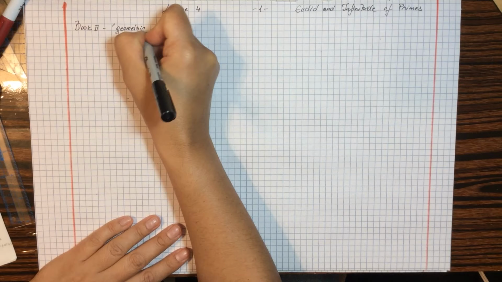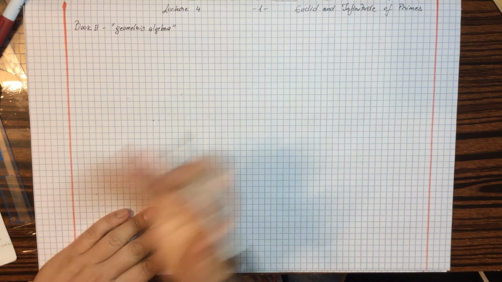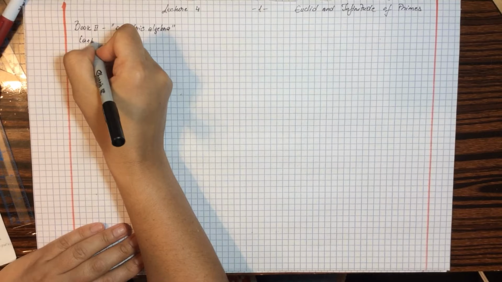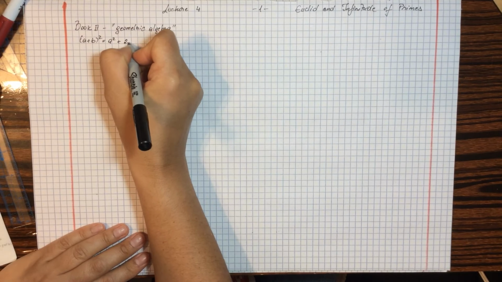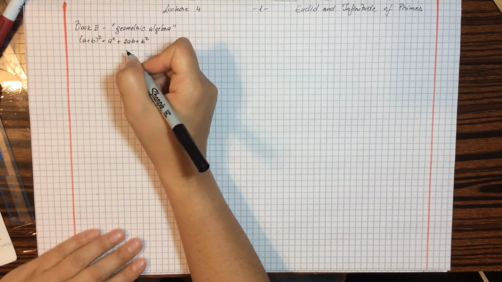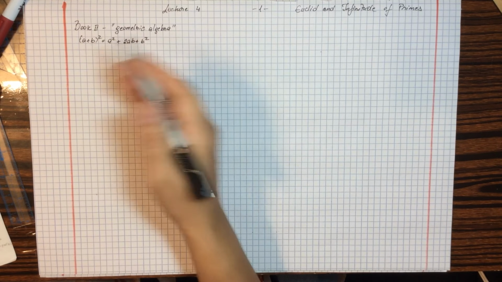Things like, for example, a plus b squared equals a squared plus 2ab plus b squared are actually proved in terms of areas of squares and doubling squares.